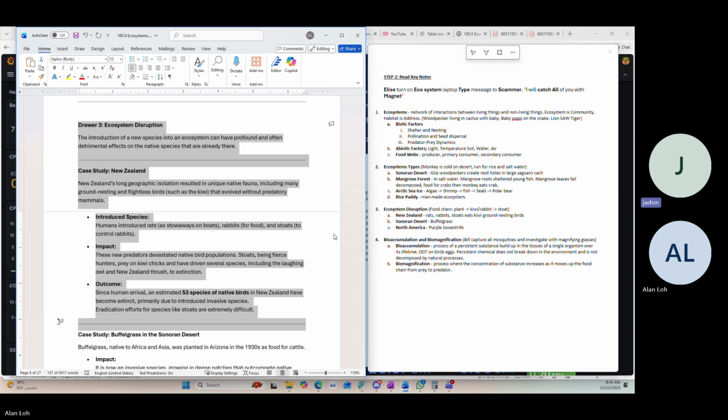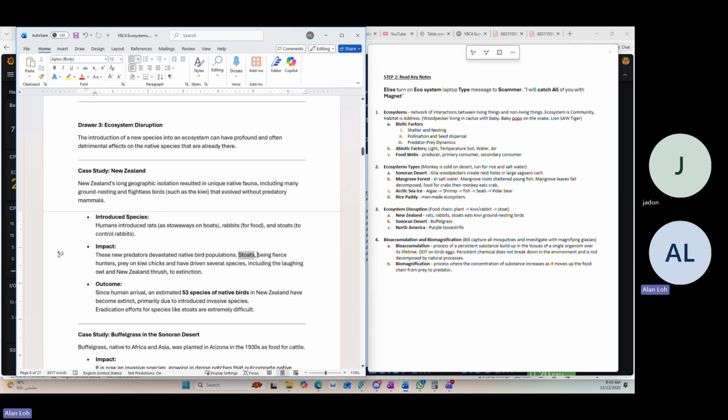Okay, I'm done reading. And what is a stoat? Stoat is a type of animal that is used previously to control the rabbit's growth, to kill the rabbit, to eat the rabbit. Okay, so you see, stoat is being a fierce hunter.